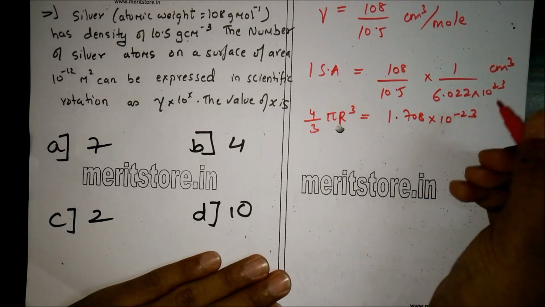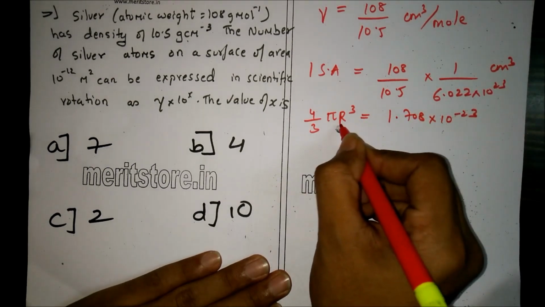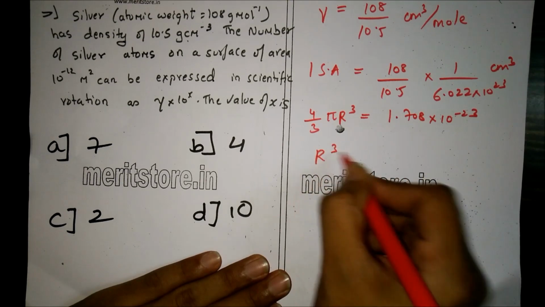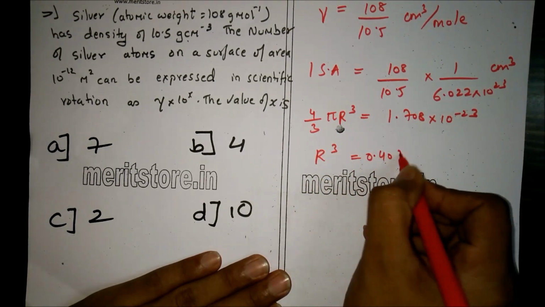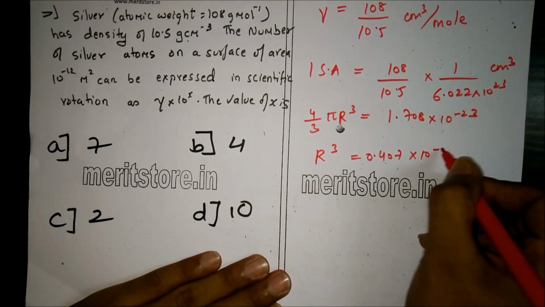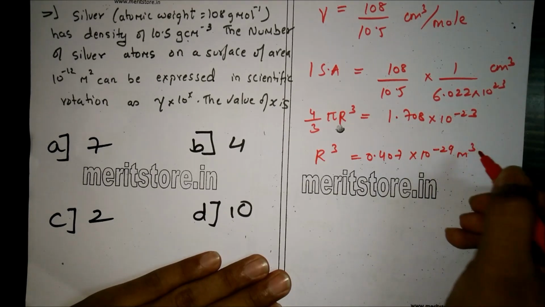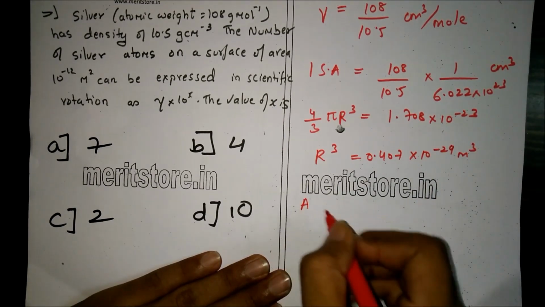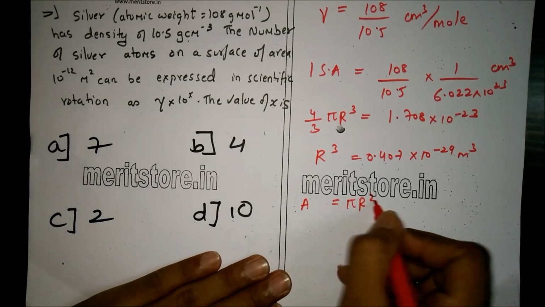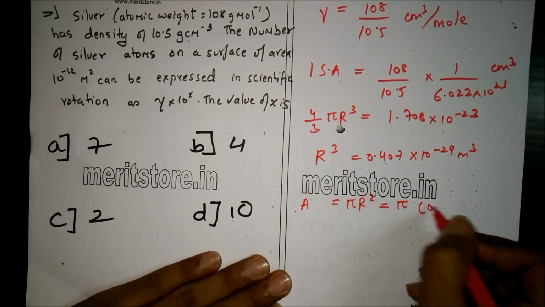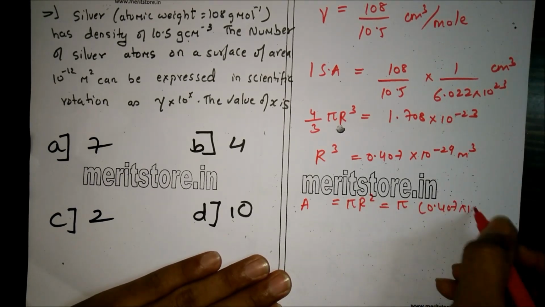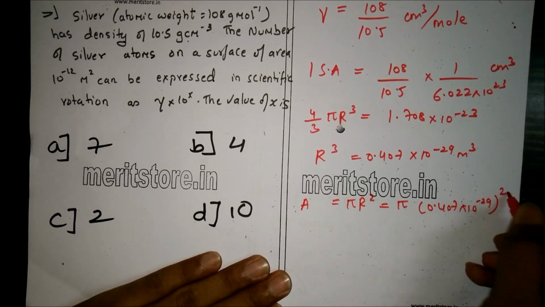Now, here we have to find the value of r. Therefore, r cube will be equal to 0.407 into 10 raised to minus 29 meter cube. The area of each silver atom will be equal to pi r square, which is pi into (0.407 into 10 raised to minus 29) raised to 2 by 3.